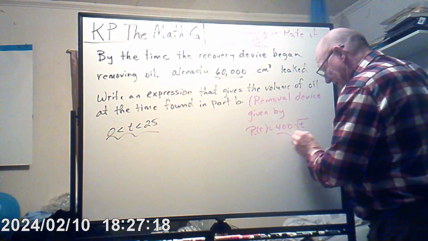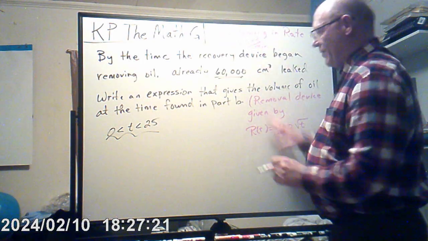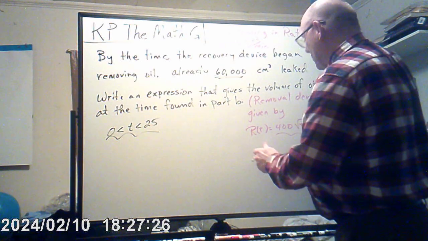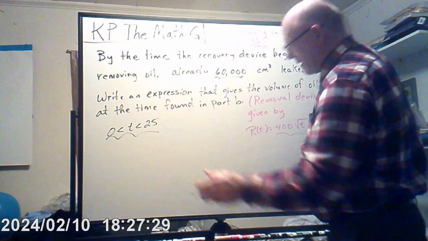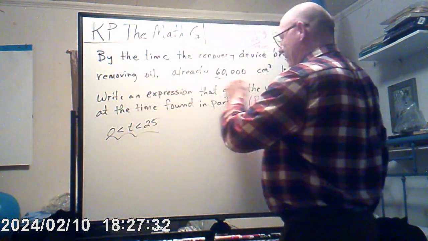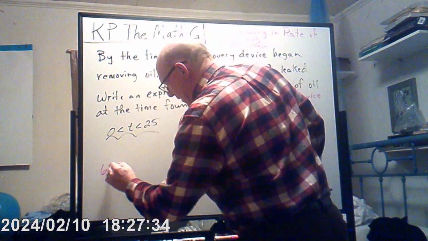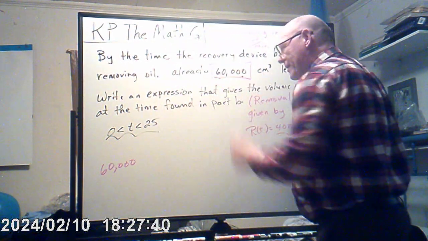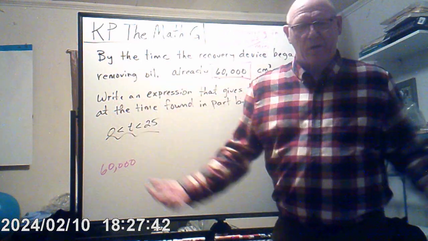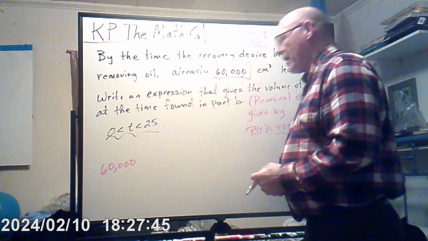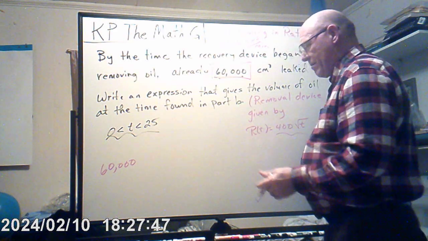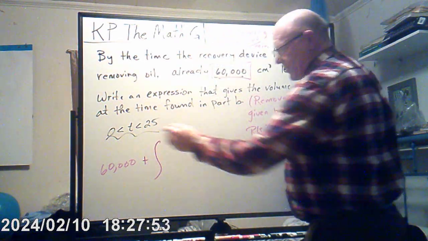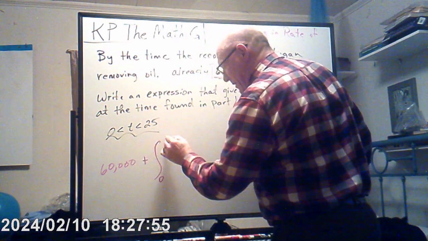Okay, there it is. We've got to have all of this. I didn't want to have to flip the board over. So now here's what we've got, and this won't take long: 60,000. That's your initial amount, already there. You've got that much oil accumulated. Now, of course, we have oil coming in, and we're looking at time t from 0 to 25.